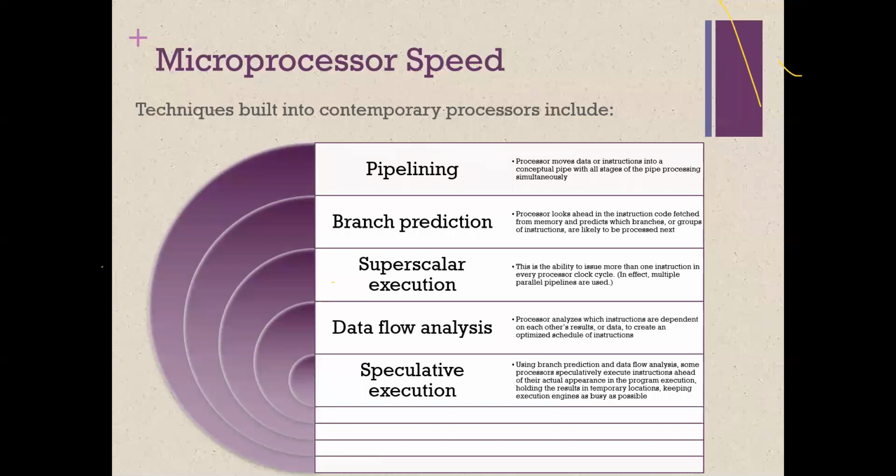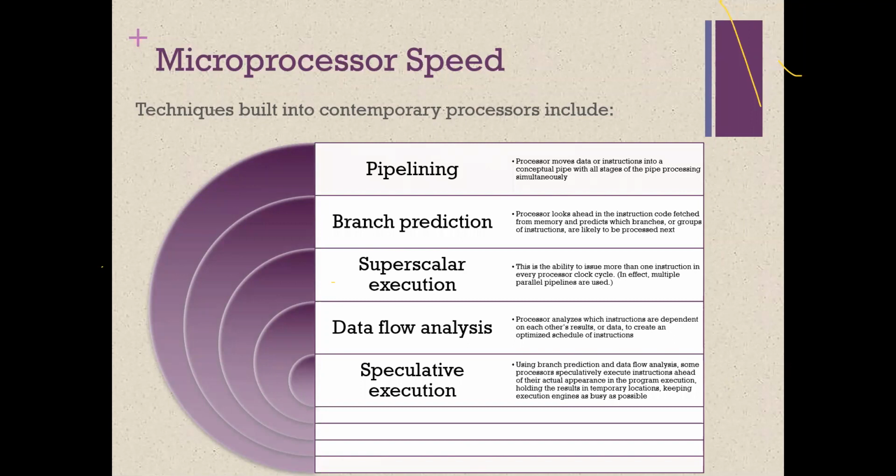And therefore, the branch prediction increases the amount of work that is available to the processor to execute. And then we have superscalar execution.